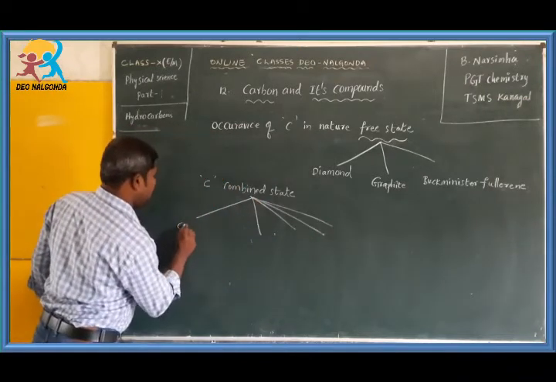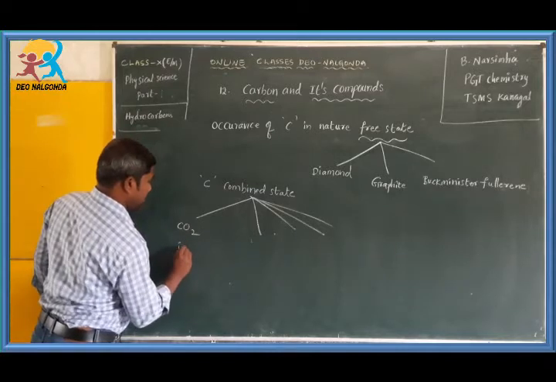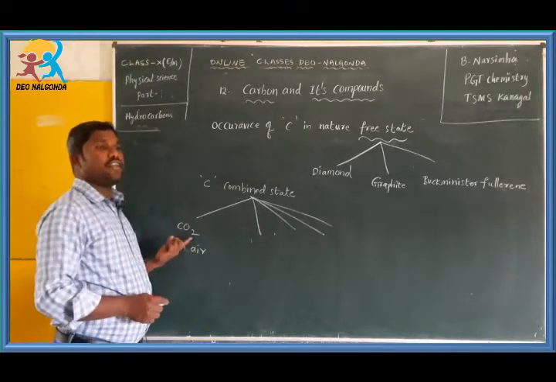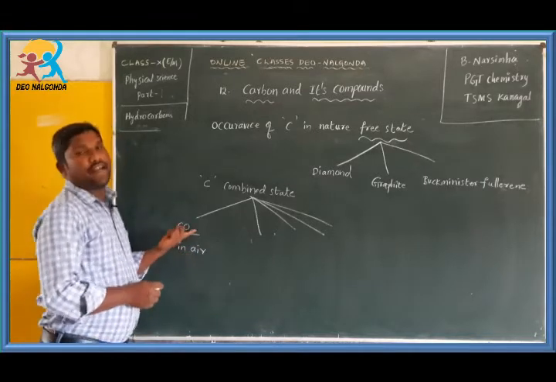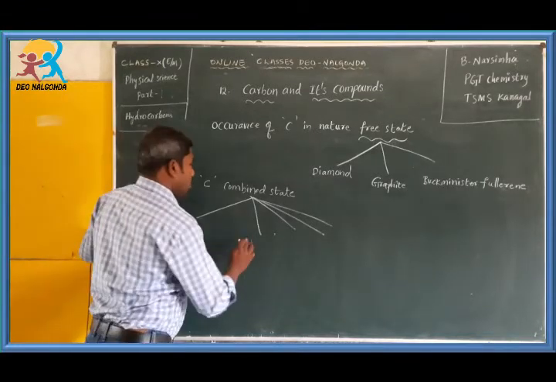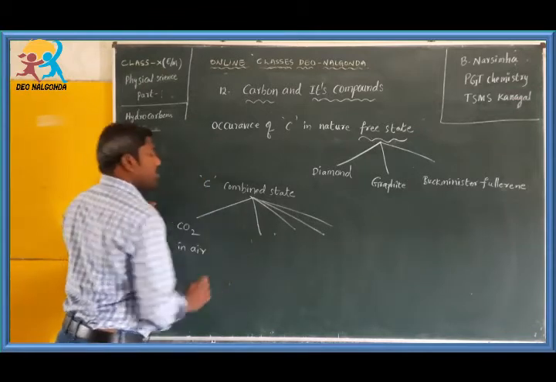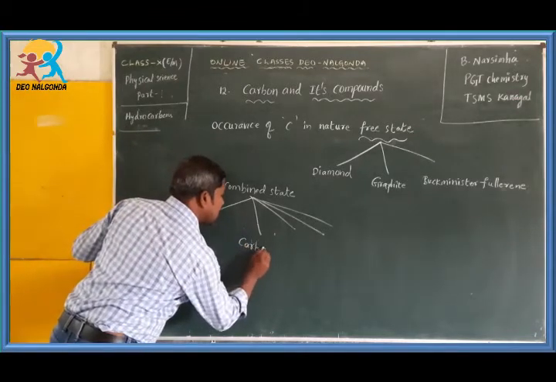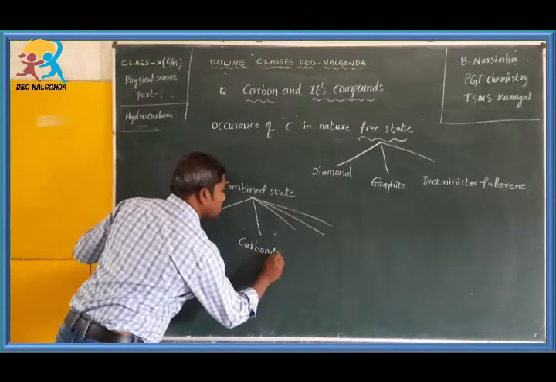First one is carbon dioxide in air, formed by the combination with oxygen in the air. Next, carbonates, the form of carbonates.